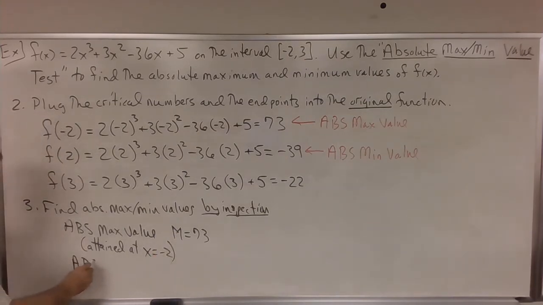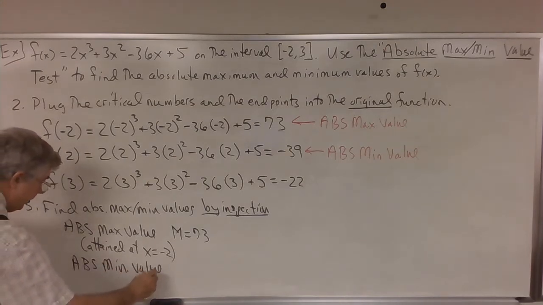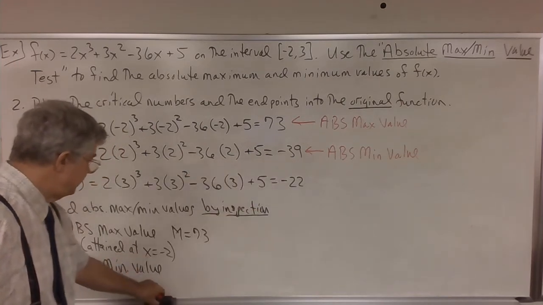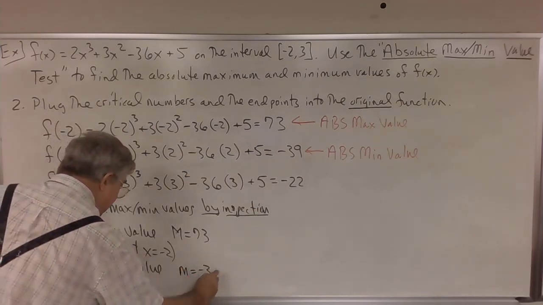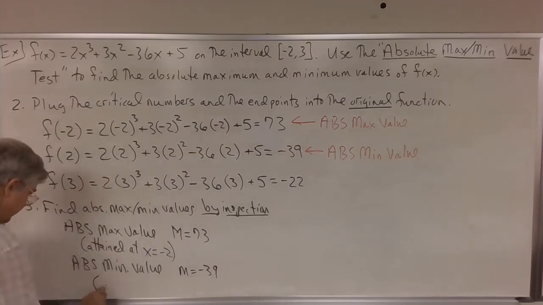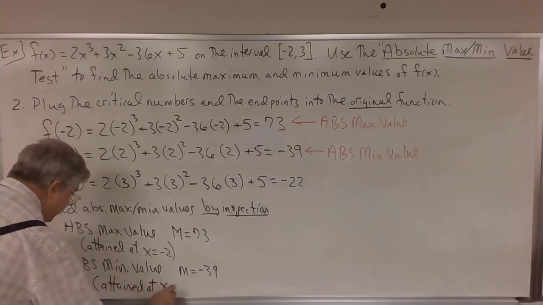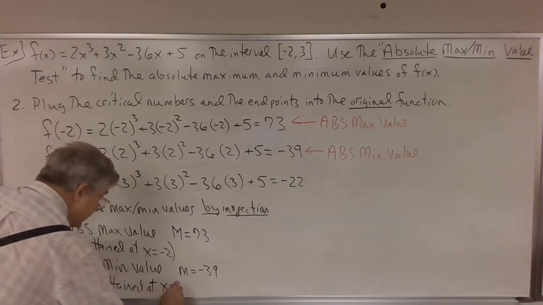Absolute minimum value, little m equals -39. And this is going to be attained at x equal +2.